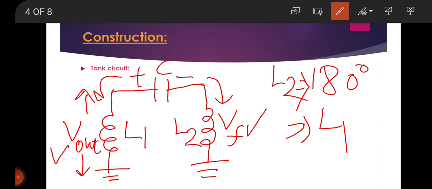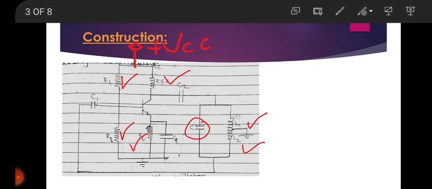The voltage fed back to the transistor provides positive feedback. A phase shift of 180 degree is produced by this feedback network, this tank circuit. Then this 180 degree phase shift is fed back to the transistor amplifier, and this transistor amplifier produces another phase shift of 180 degree.